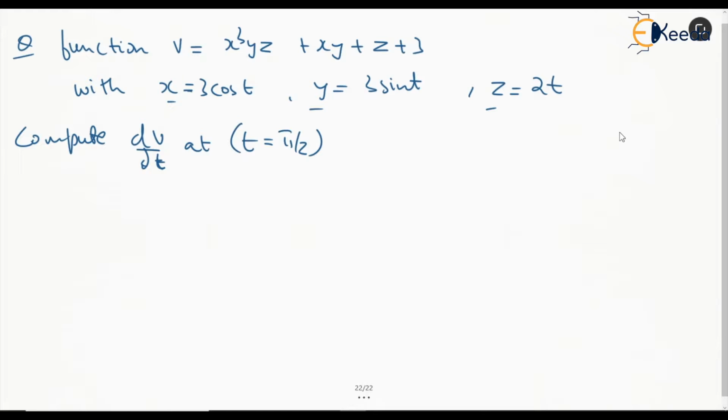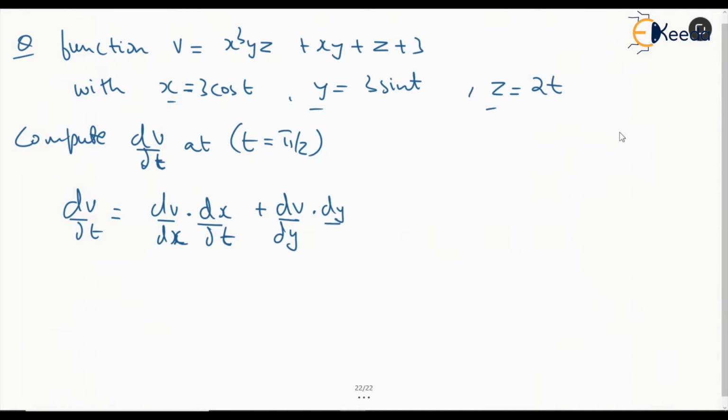So in order to find dv by dt, we can do dv by dx into dx by dt plus dv by dy into dy by dt plus dv by dz into dz by dt, right?